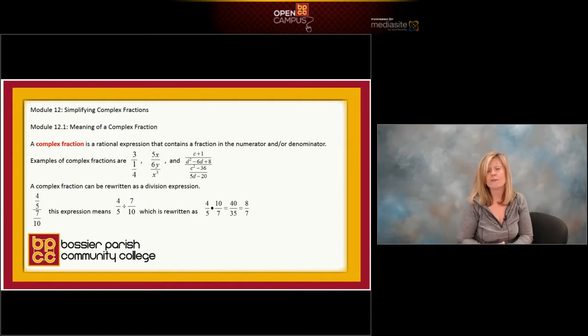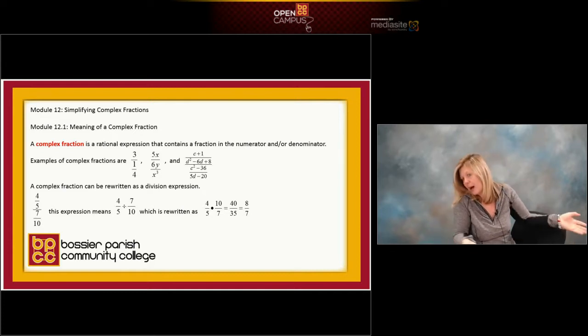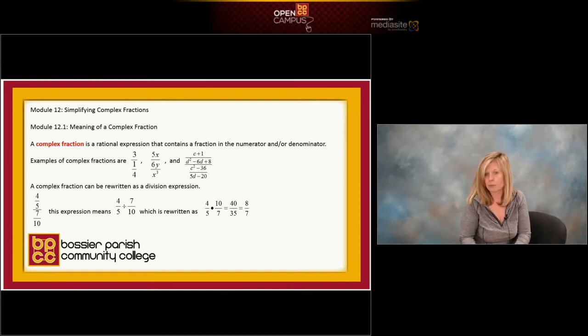So we know 4/5 divided by 7/10 really means 4/5 times 10/7. And then we know multiplying fractions is no problem. Top times top, bottom times bottom. So we multiply, we get 40 over 35, and we know we could divide that. They have a greatest common factor of 5, and when we divide them both by 5, we get 8/7.